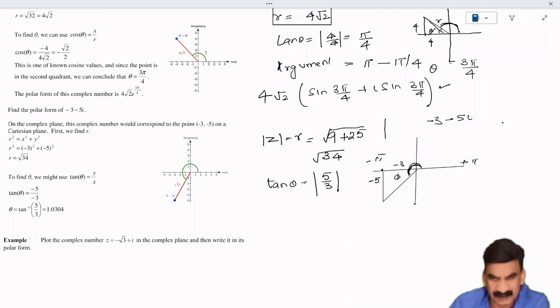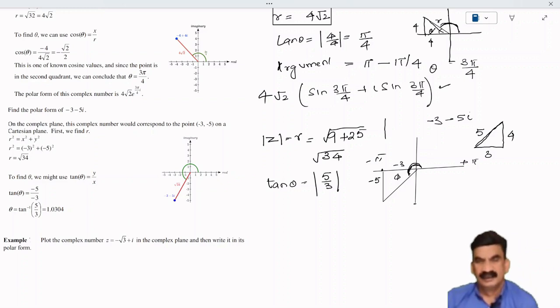Now, if you remember, this was 3, this was 4, this was 5, right? So 5 by 3 will be sec theta.